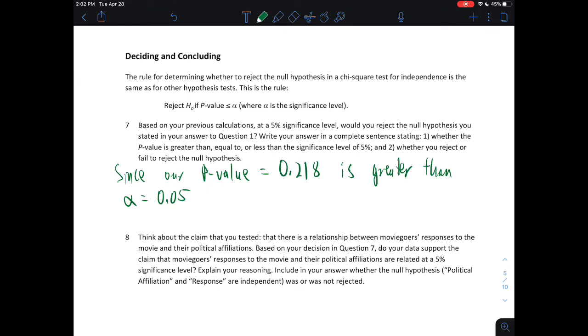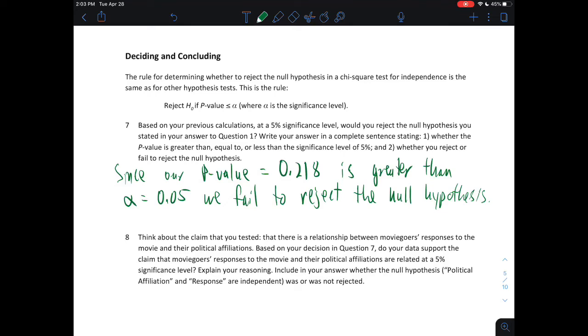It tells us we failed to reject the null hypothesis. Okay, so now we've made a statement about our null hypothesis. We could also, even though they're not asking us here, make a statement about the alternative hypothesis. If we fail to reject the null hypothesis, it means our data does not support the alternative.